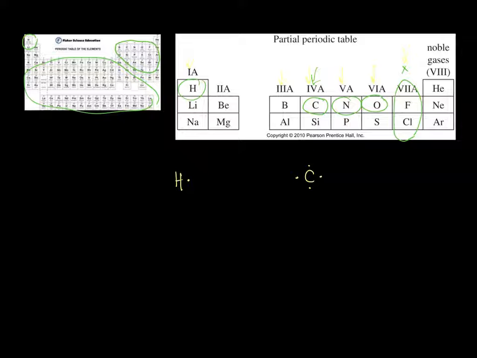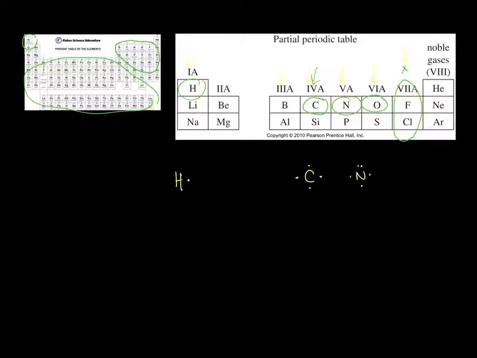Nitrogen would have 5 because it's in column 5. So what we would do with nitrogen is put one on each side. And that only gives us 4 because there's only 4 sides around this thing. So instead of having another unpaired electron somewhere else, kind of a spread out star shape, what we would do is we would start pairing them up. So the 5th electron now basically has to share a bedroom.